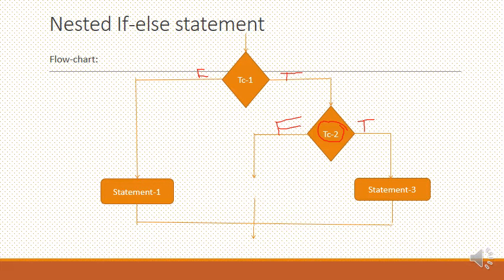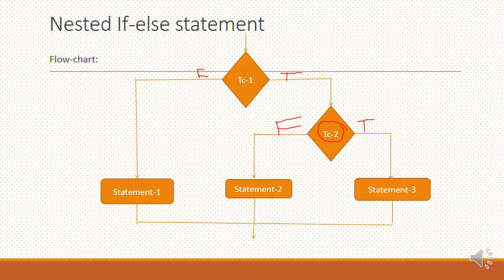But what happens if it is false? If it is false, this false block statement is going to execute. What point you have to notice here? This is one if statement and this is another if statement. So that is why the whole thing is called a nested if else statement.